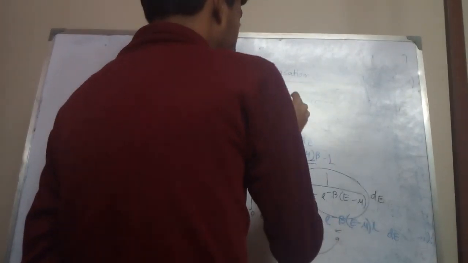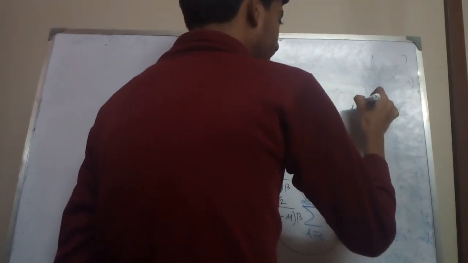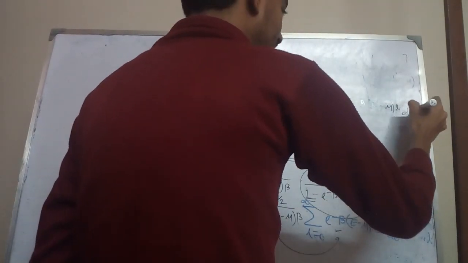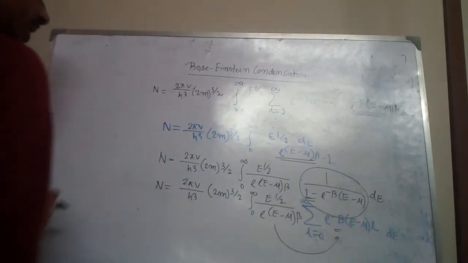The integral from 0 to infinity looks like this: e to the power minus beta (epsilon minus mu) L dE. If we put the value L = 0, this term is 1, but this term exists.